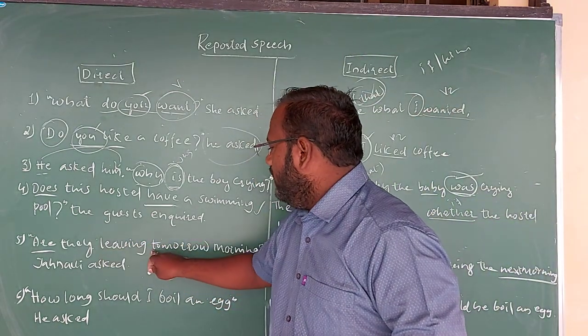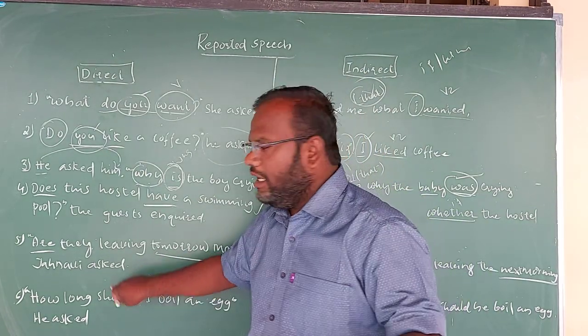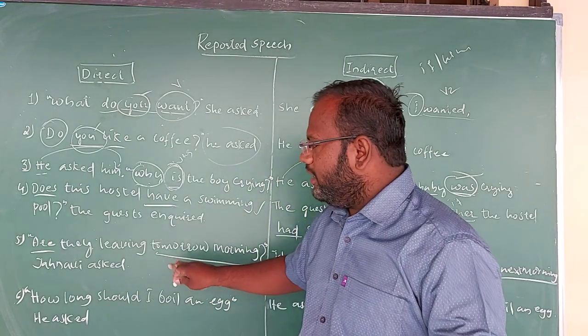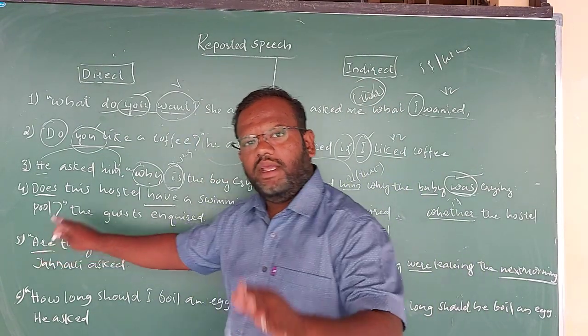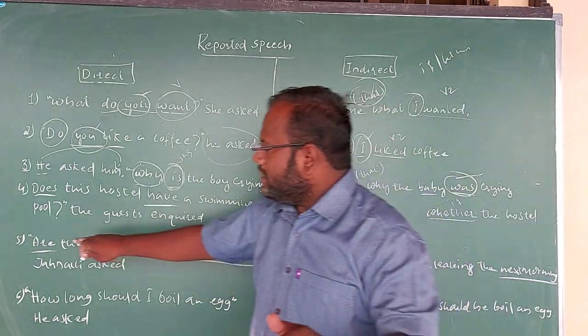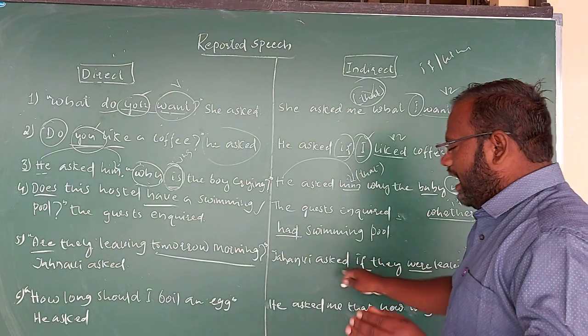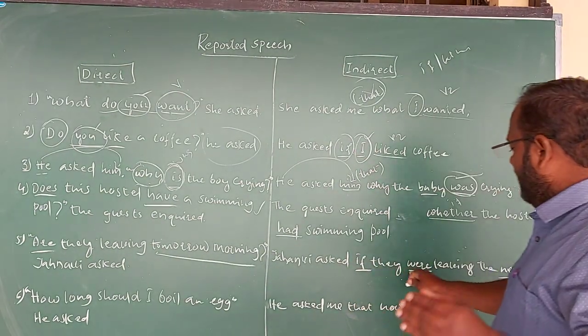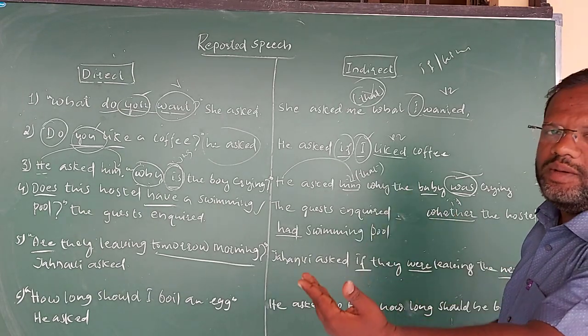Instead of the present continuous tense, it will be the past continuous tense. Instead of "are", it will be "were". So we will use: Janvi asked if they were leaving the following morning.